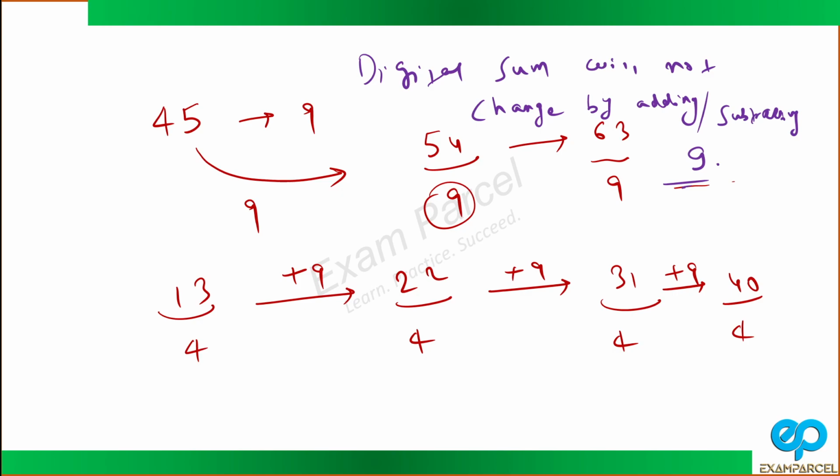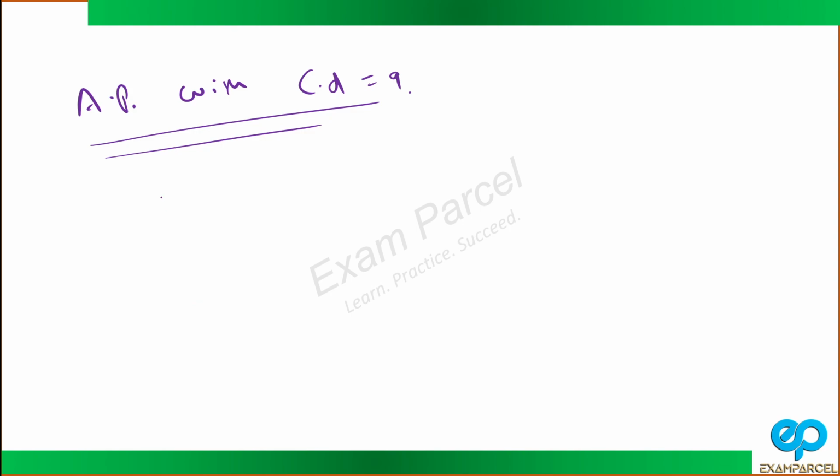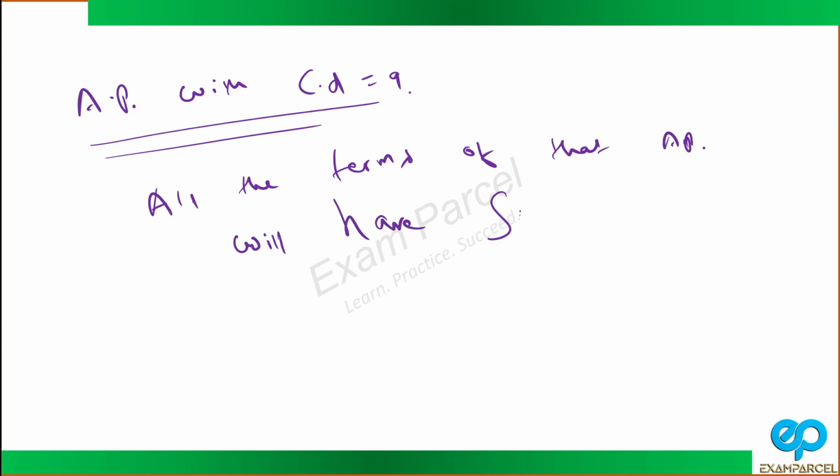So in other words, if we have an AP with common difference of 9, it means that all the terms of that AP, arithmetic progression, will have the same digital sum, right? I will show you an example.